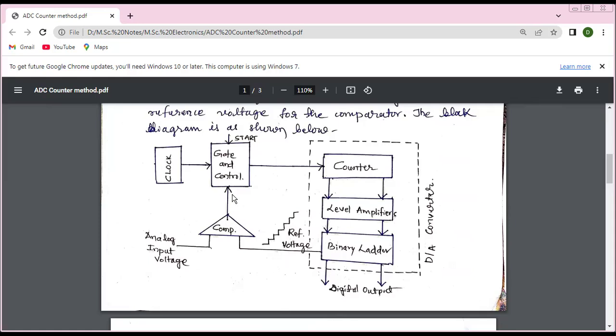And whenever there is an input from this comparator, this gate control works. That means the gate is open. The control circuit sends the input voltage coming from the comparator and opens the gate. Once the gate is open, the clock pulse coming from the clock moves in this direction.